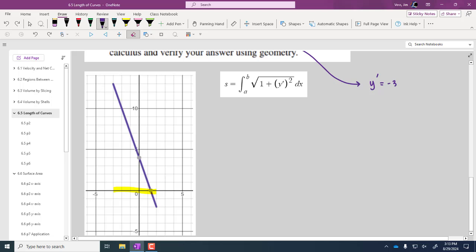Okay. So our limits of integration are going to be -3 to 2. And we're going to have the square root of 1 plus y prime squared. So 1 plus 9. This will give us the square root of 10, which can be factored to the front.